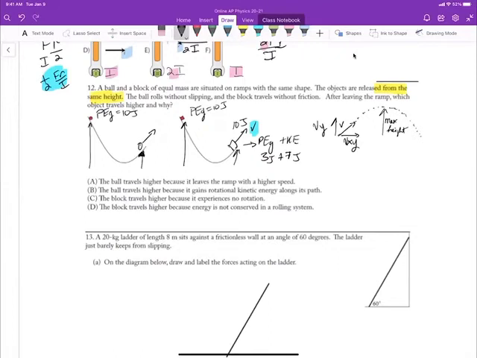However, all of the work done by static friction is regained in kinetic energy, that's a rotational kinetic energy. That's what causes the ball to roll, and so we gain that energy back. And so it has at its final location potential energy due to gravity plus kinetic energy, but it has 2 kinds of kinetic energy. It has translational and rotational.